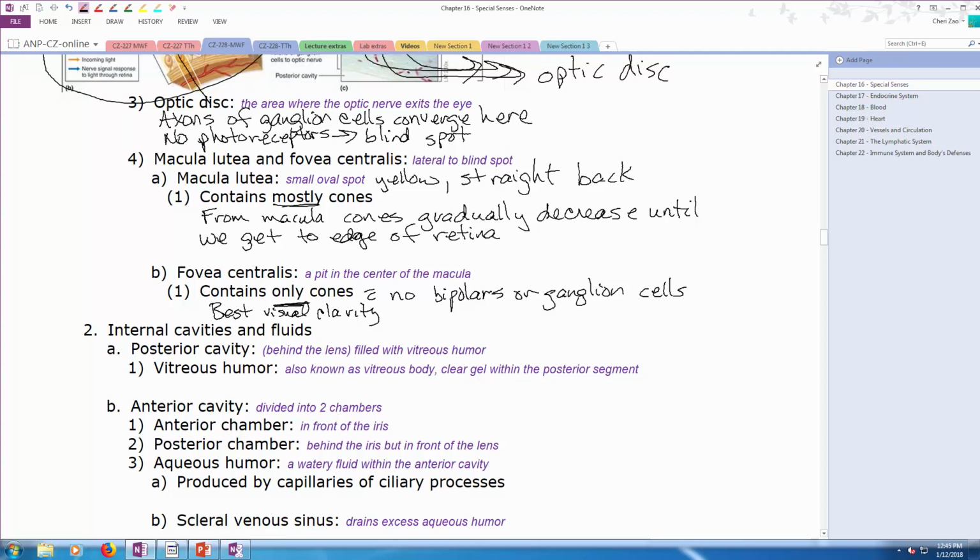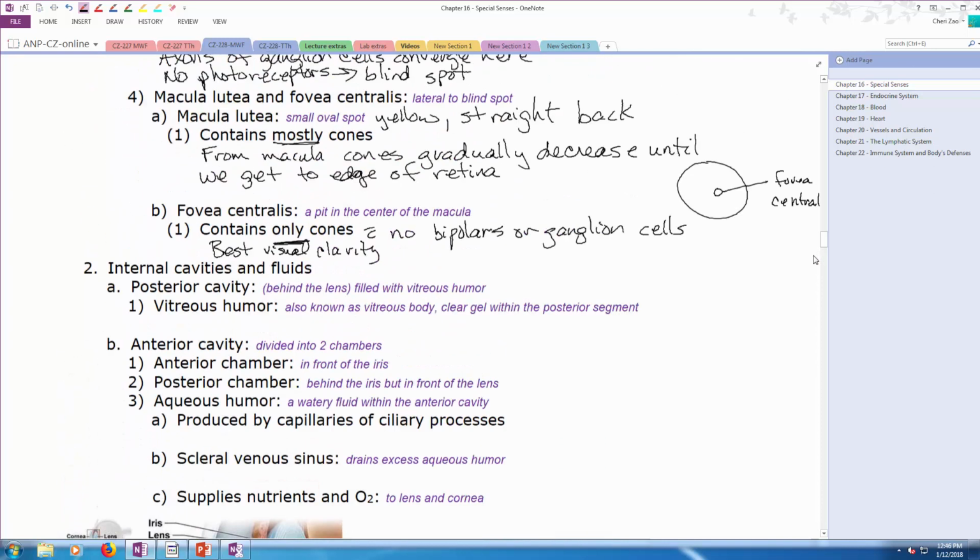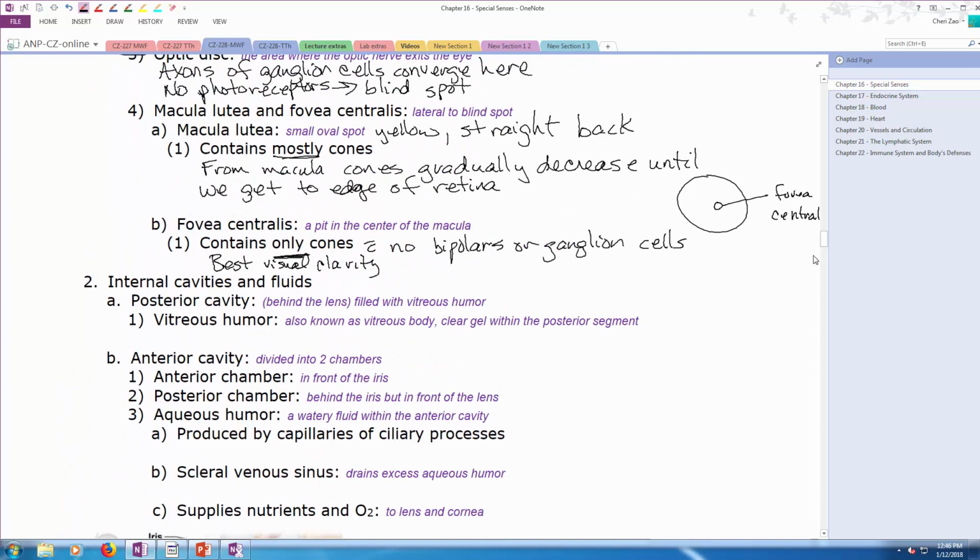So when I draw my picture of this, my cartoon, here's my macula lutea. That little guy there is my fovea centralis. So mostly cones. Does that mean there's no rods there? No, that means there's a rod or two or three, but it's mostly cones.